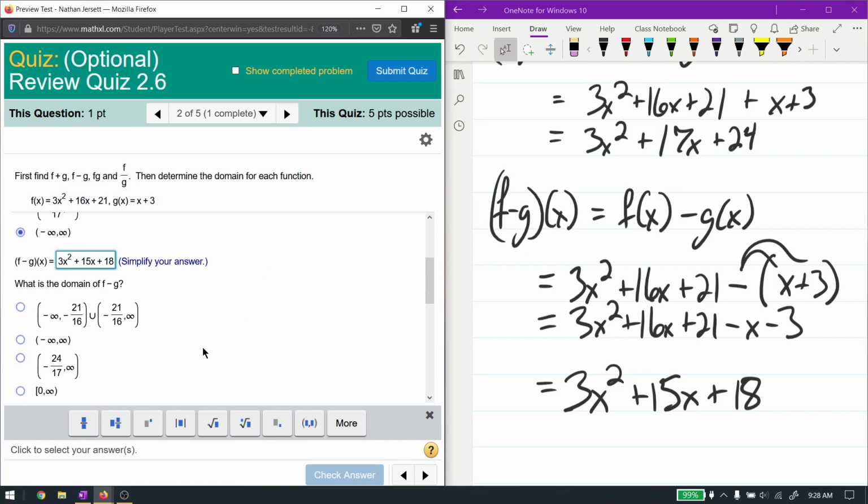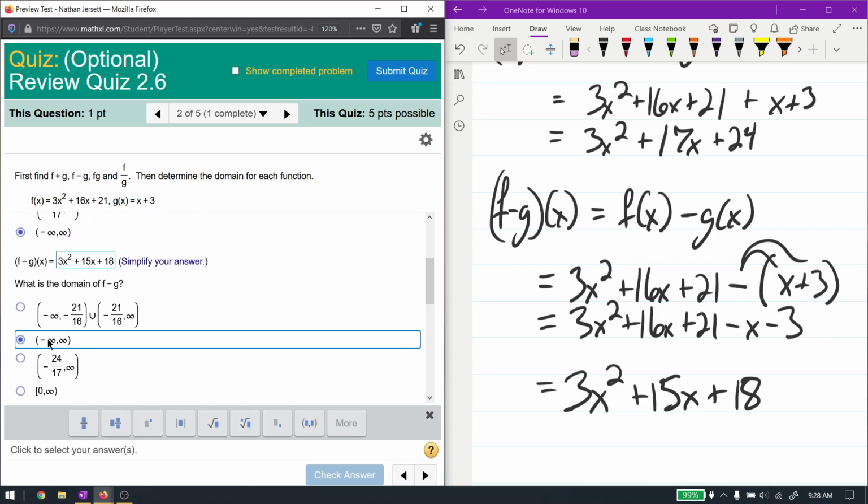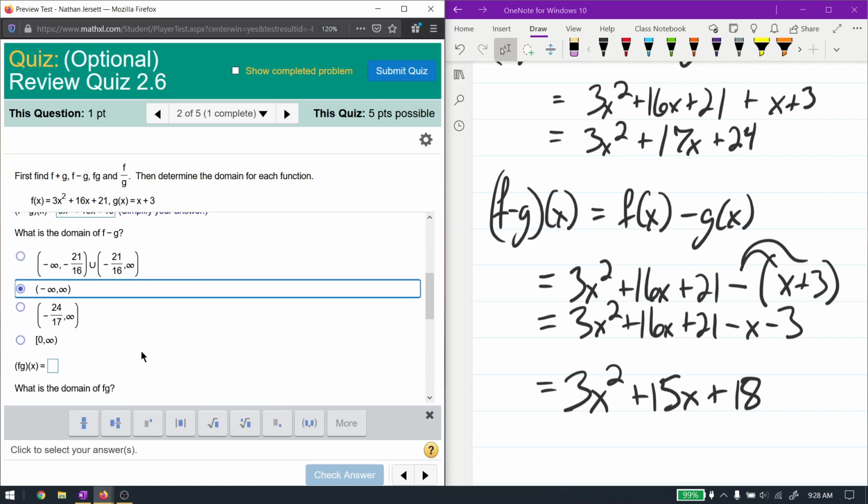This is once again a polynomial. It's actually a quadratic, more specifically. But polynomials have everything in their domain: negative infinity to positive infinity.